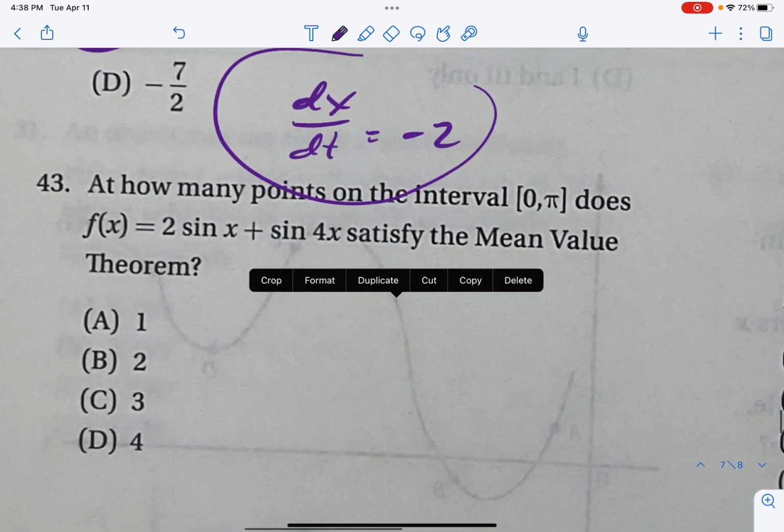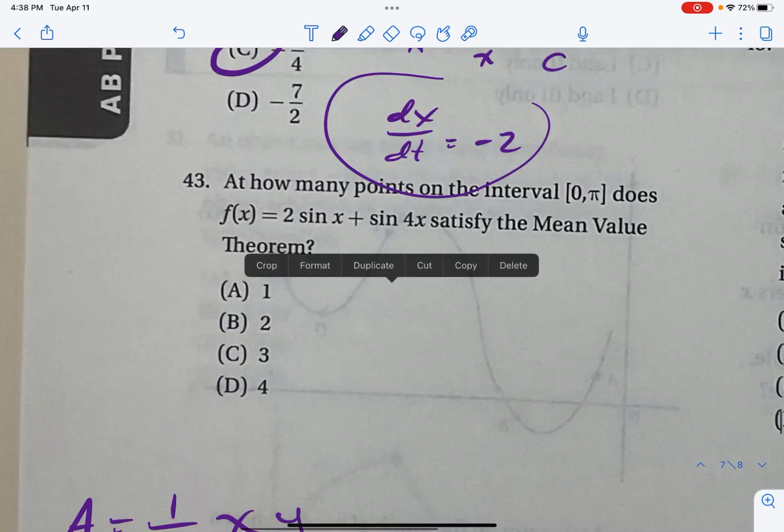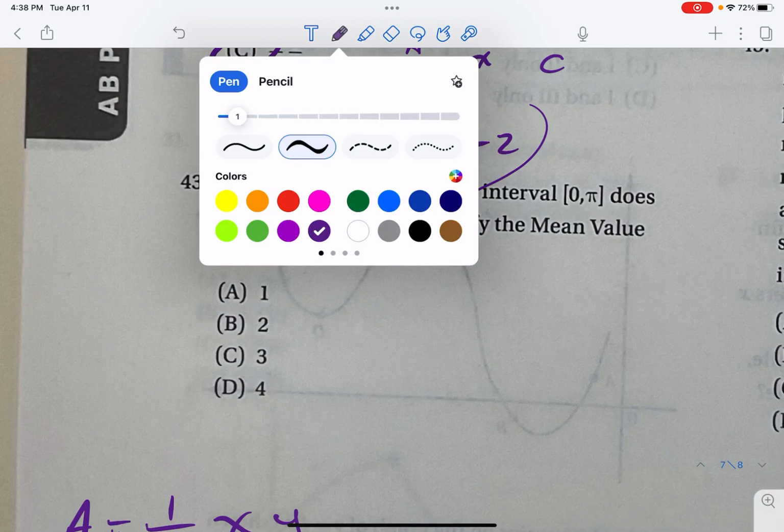All right, 43. At how many points on the interval 0 to pi does this function satisfy the mean value theorem? Remember, mean value theorem is that the derivative is equal to the average rate of change. So what we could do here is figure out the average rate of change.